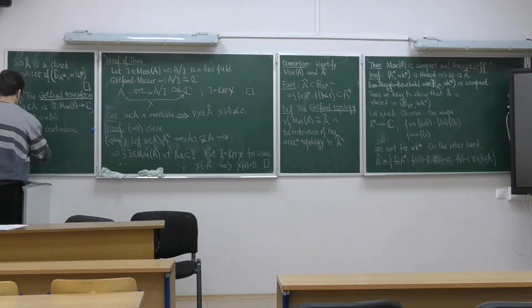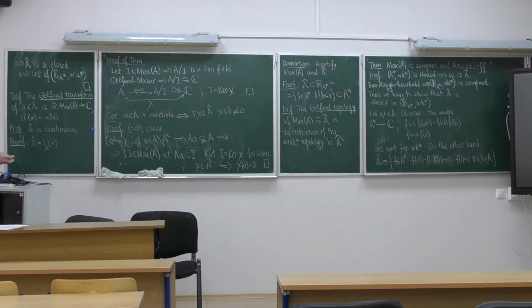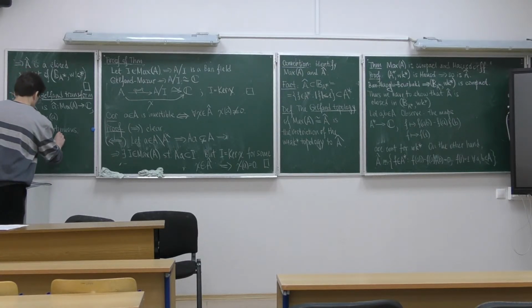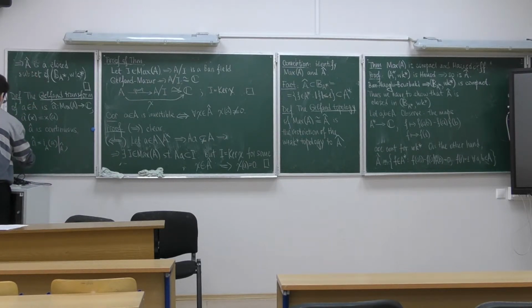So a hat is I a, where I a is an image of a under the canonical embedding. It's a linear functional on A star. And we just restrict it to the maximal spectrum, where I is the canonical embedding of A into the bidual.